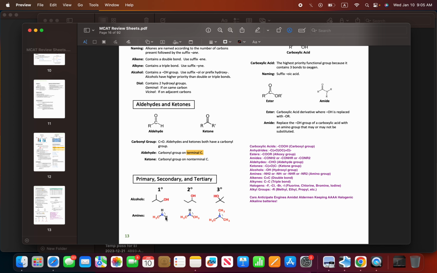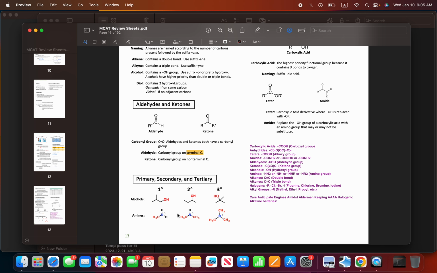Now for amines, it's the same thing. So an NH group is like an OH group. Yeah, the N is attached to a single carbon, 2 carbons, and 3 carbons.